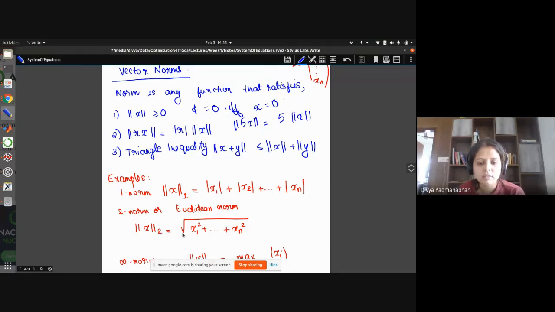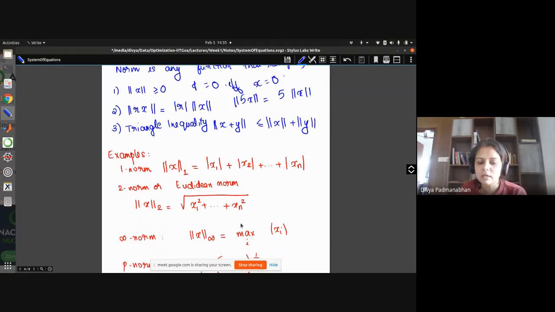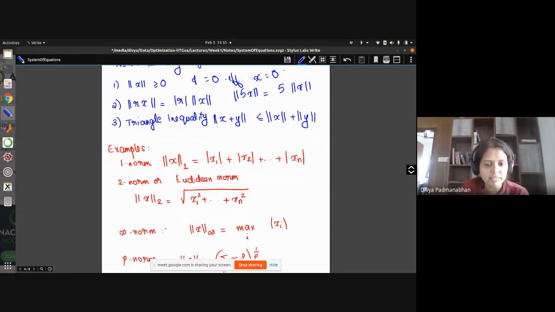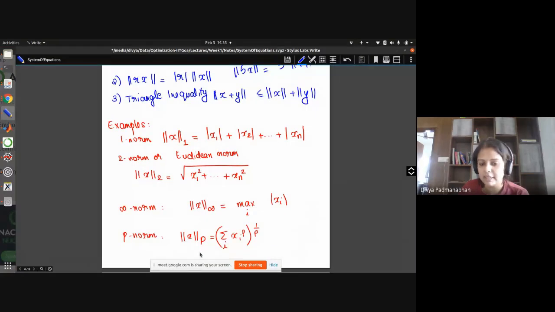It is defined as the square root of x1 square plus so on up to xn square. And then there's something called the infinity norm, which is the max value of xi. So the max of each of the components you take, that is the infinity norm. And in general, for any p, you get this kind of expression: you generalize this, take xi to the power p, sum them all, and then take the pth root.